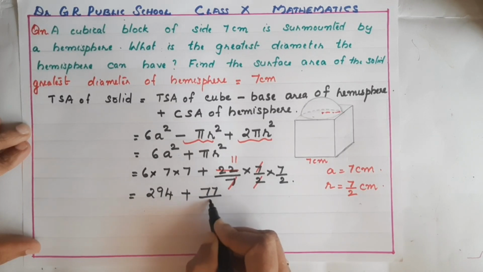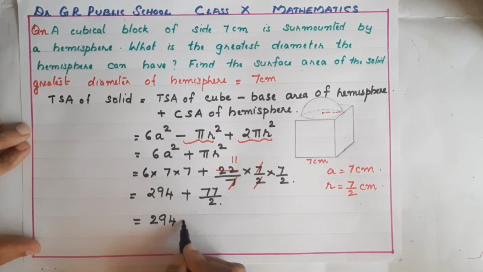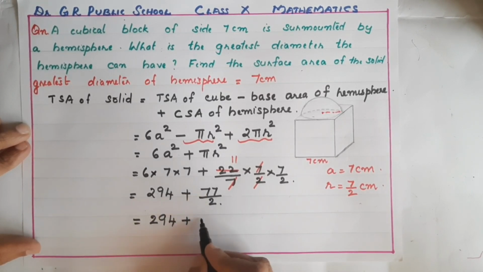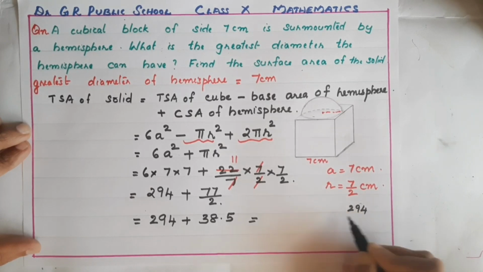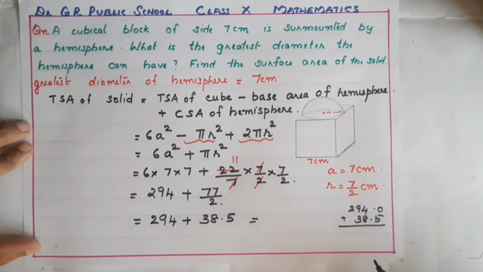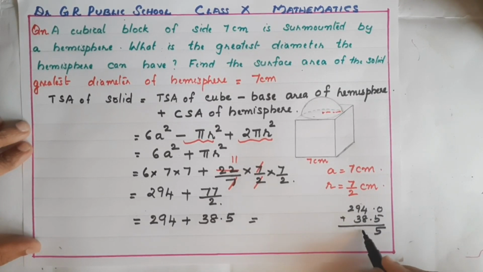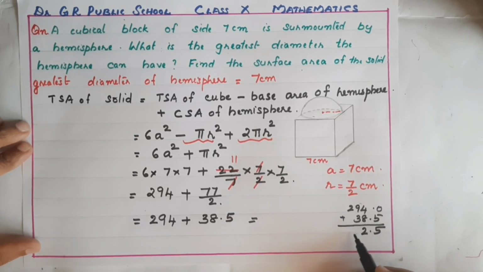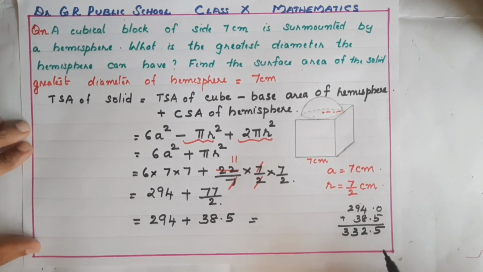Okay. So, remaining 77 by 2. Equal to 294 plus 77 by 2, which is 38.5. So when we add 294 plus 38.5, we get 332.5.